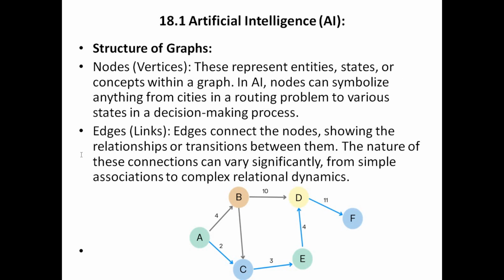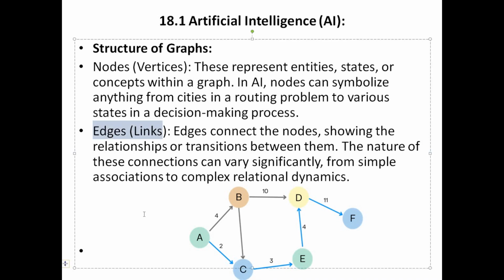Now, what exactly is the structure of a graph? A graph technically has two things. One is known as a node or a vertex. What are vertices? Vertices are like the points of contact, whereas edges or links connect two or more nodes together.